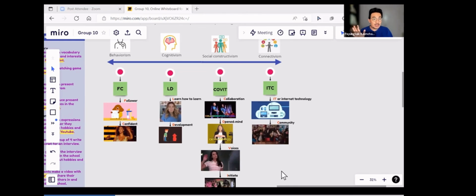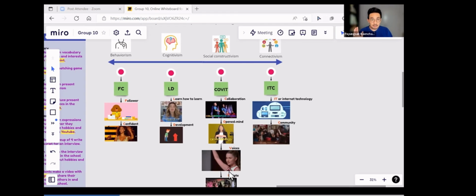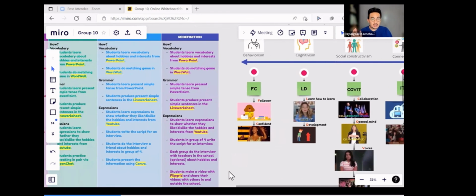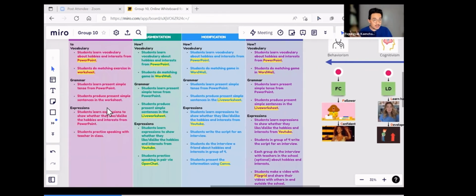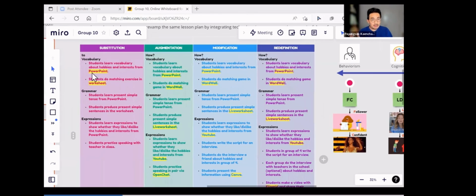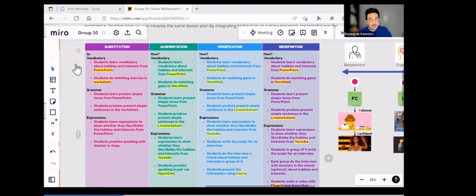I have no questions. I think this is a very nice presentation, and I agree with you that when you look at the SAMR model, you just have to look at it as 4 different teachers, right? Teacher 1, substitution. Teacher 2, augmentation. Teacher 3, modification. Teacher 4, redefinition.